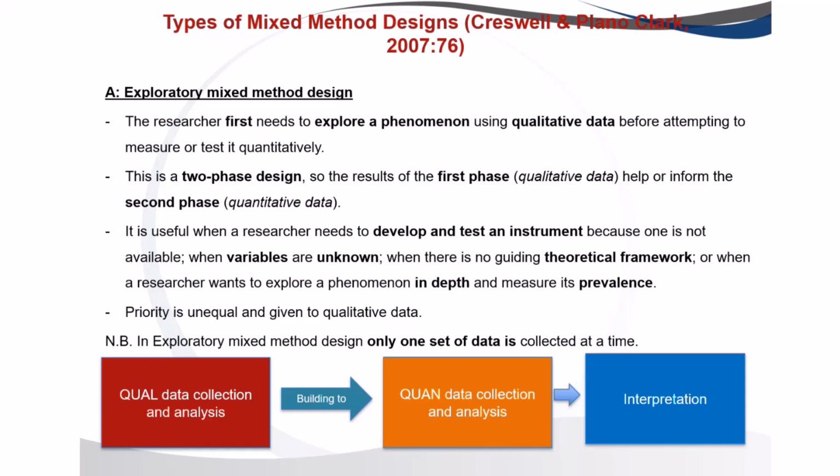You collect first. If you start with qualitative data, you collect the data, you analyze it. Then from there, you build your quantitative data collection. Then you analyze it. Then from there, you do your interpretation.